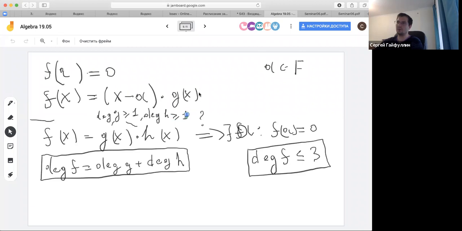It follows that the degree of one of them equals 1.